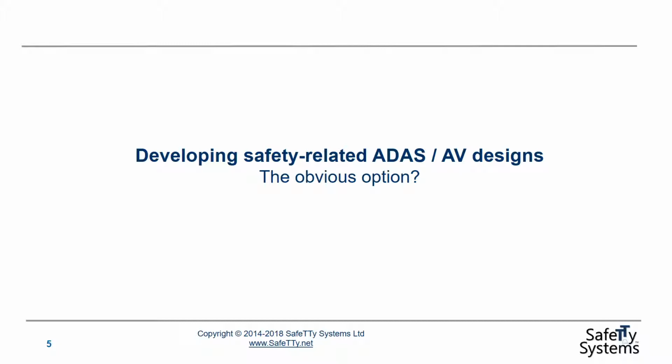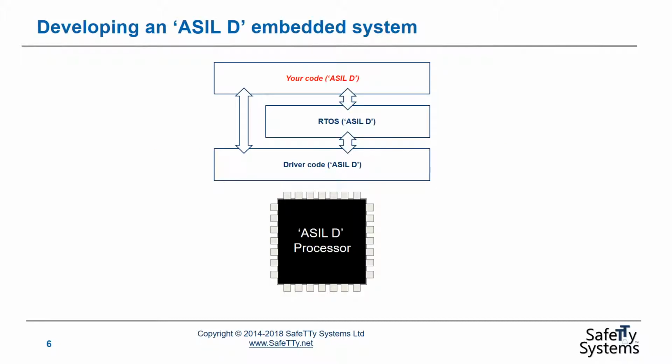So, what happens then if we want to build a safety related ADAS or AV design? Many organizations, I think, follow what appears to be the obvious option here. So rather than having a QM processor, we now have an ASIL D processor in this particular example.